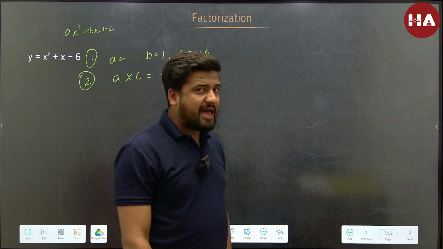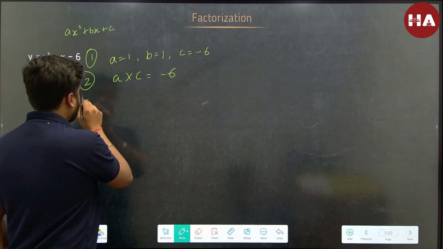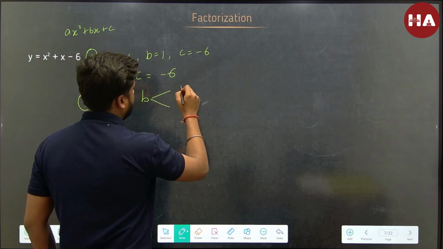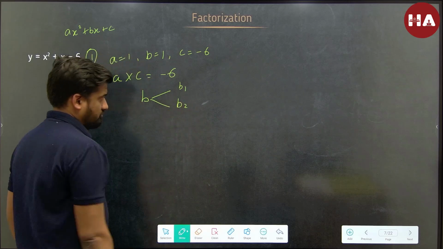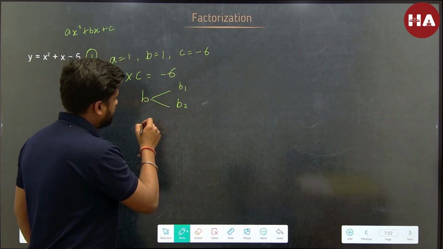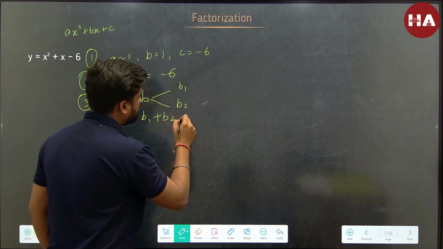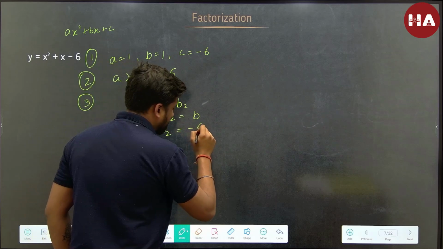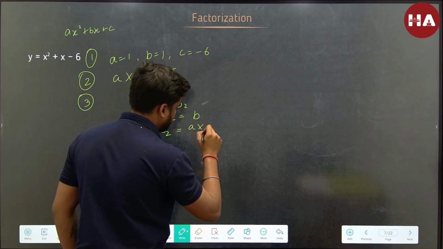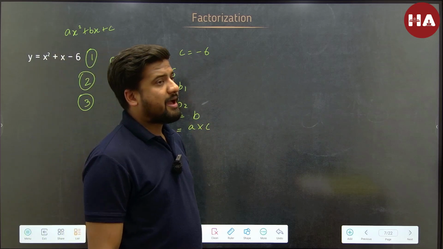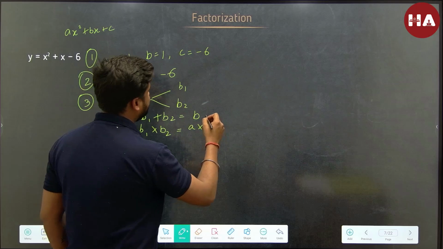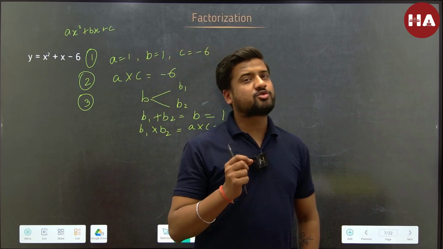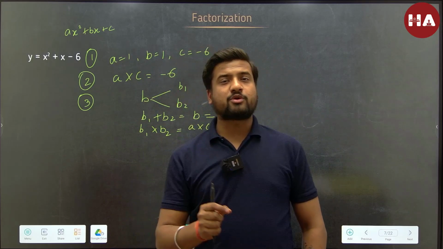After that, your third step is divide b into two parts, let's say b1 and b2, such that b1 plus b2 should be equal to b, and b1 times b2 equals a times c. So I need two numbers so that their sum is 1 and their product is minus 6. Try and find two numbers whose sum is 1 and product is minus 6.